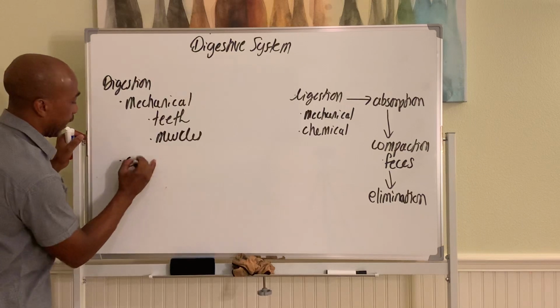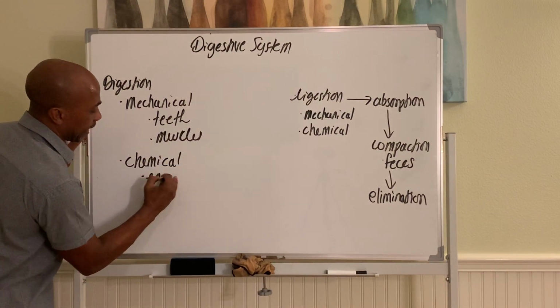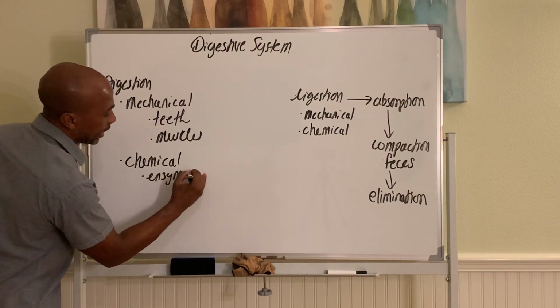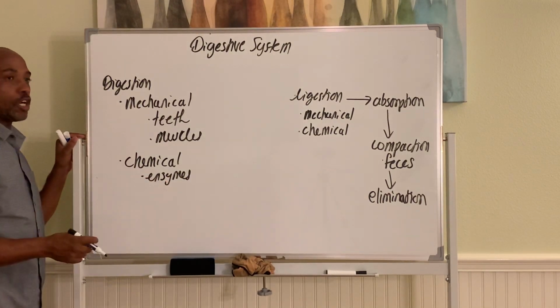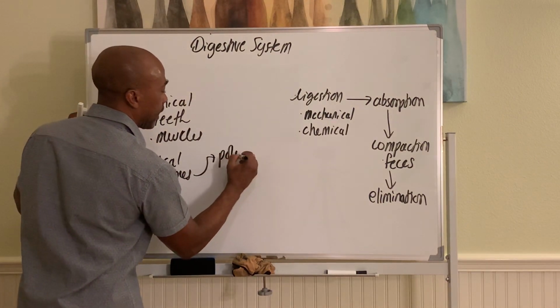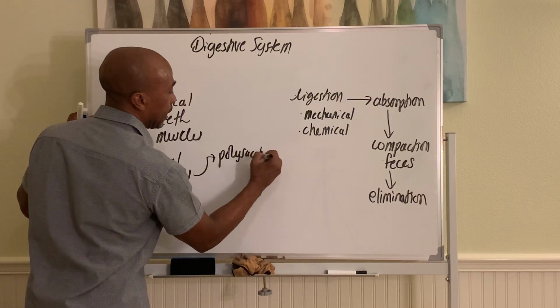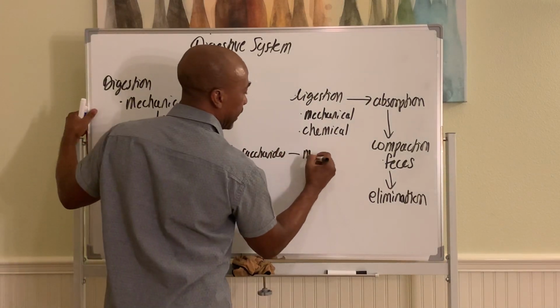So chemical digestion involves enzymes. Enzymes largely produced by your pancreas get involved here to break down things like your polysaccharides, which get broken down into monosaccharides.